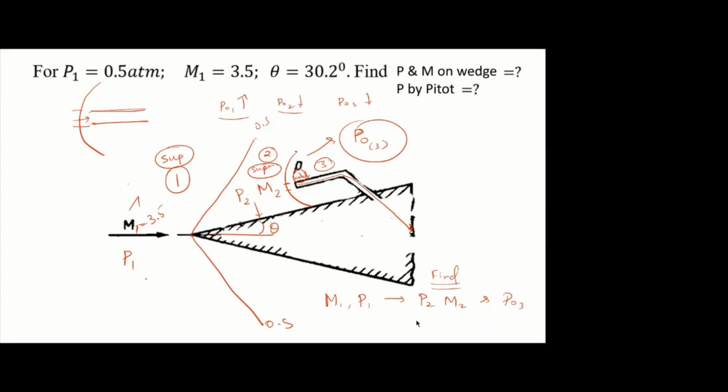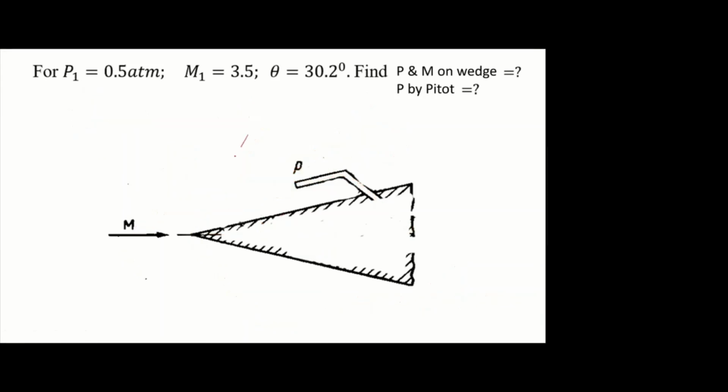Always, if only the object is given, the first step is to draw the shock wave pattern. So here you know it will be an oblique shock. Always in supersonic flow, in front of the pitot there will be a normal shock. Don't forget.